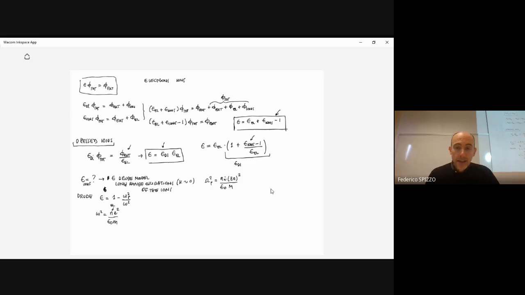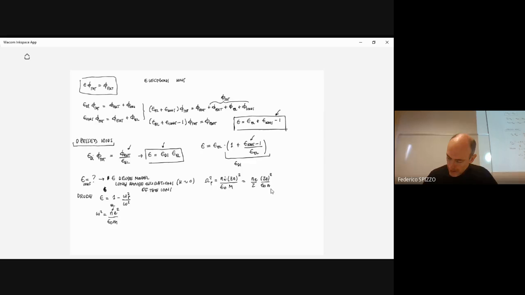We may try to write that as a function of the plasma frequency for the electrons. So n_i is the electronic density divided by Z. Then we have Z squared divided by ε0. Then at this point, we need the electron mass.